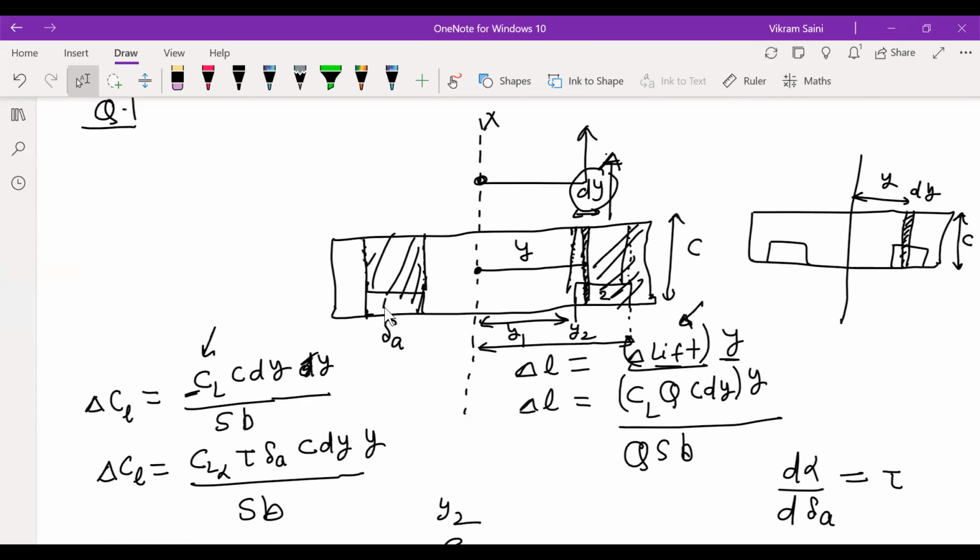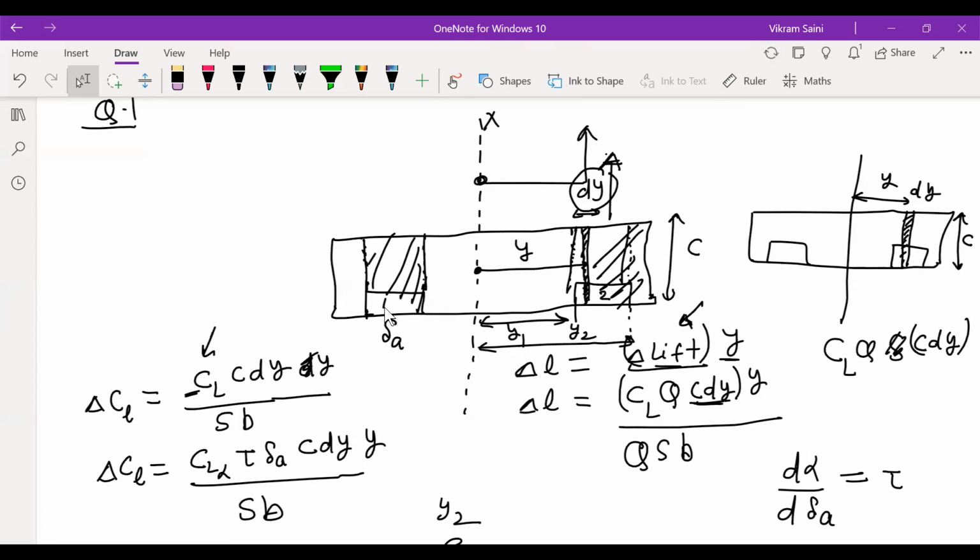What we are trying to find is how much extra lift is being generated by this strip. That would be CL, q, times the area of that strip. So the area of that strip is what? C times dy. Yes, sir, that's what you've written here.